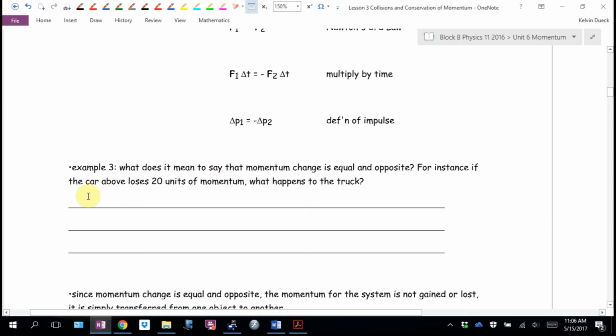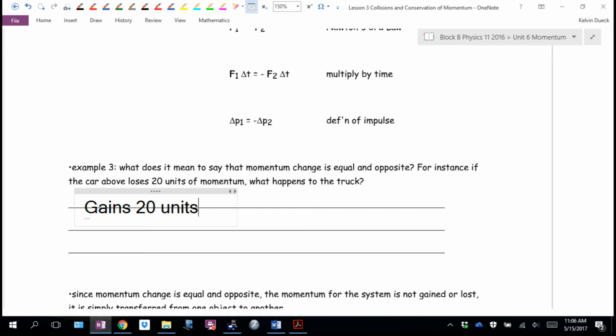So, if the car above loses 20 units of momentum, what happens to the truck? But we didn't lose any momentum. The total momentum still stuck around. The total momentum during the collision did not change. It was just transferred from one object to another. This is profound.